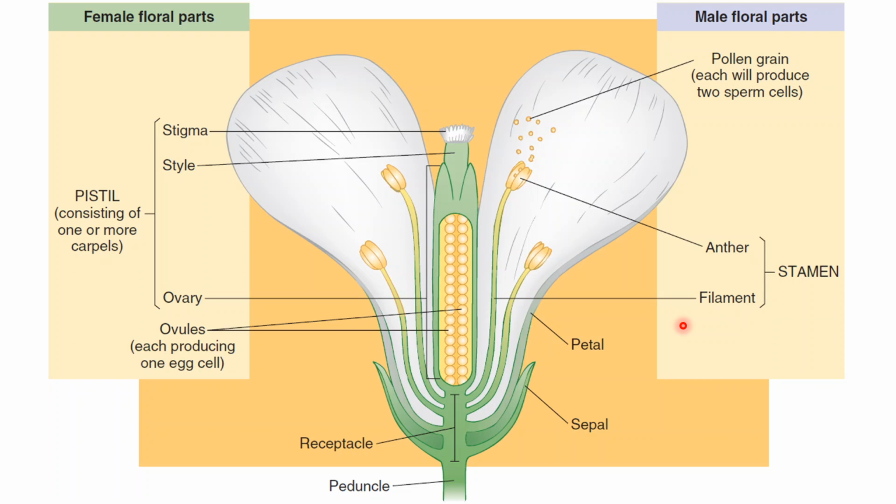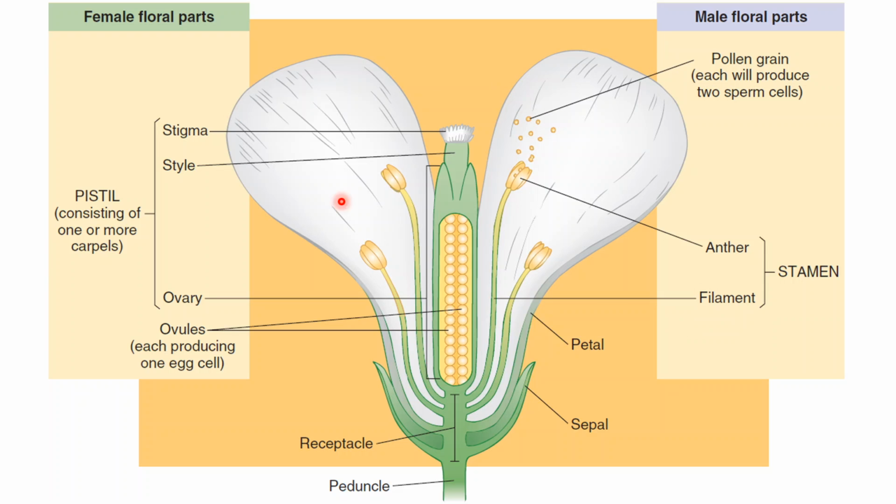So an incomplete flower lacks one or more of these four parts. A flower that has both stamens and carpels is described as a perfect flower, and an imperfect flower has stamens or carpels but not both.